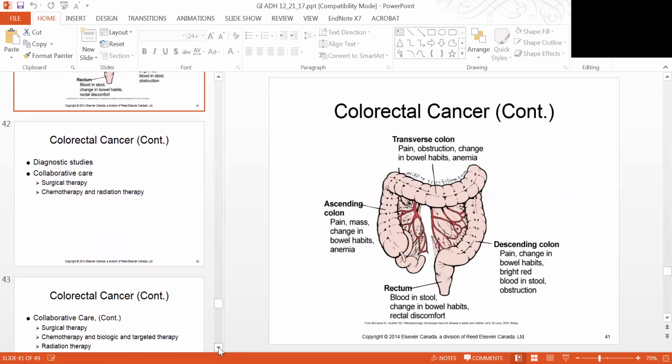Their family doctor will first do a digital exam, then refer them to the gastroenterologist for perhaps a sigmoidoscopy or colonoscopy. They'll have that barium enema, as I mentioned, and then they'll have lab work drawn as well. We've talked about CBC, electrolytes, urea, creatinine, liver function, and they might go on to have a CT scan of their abdomen.